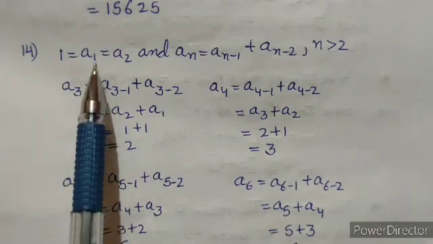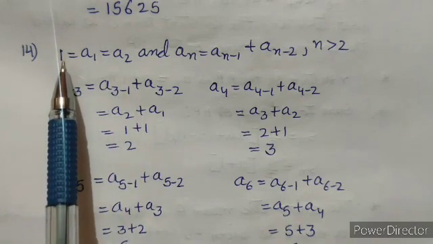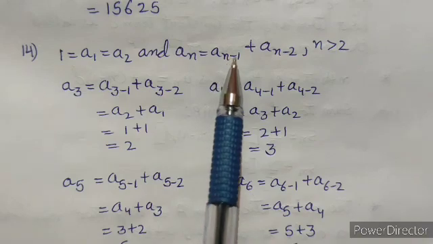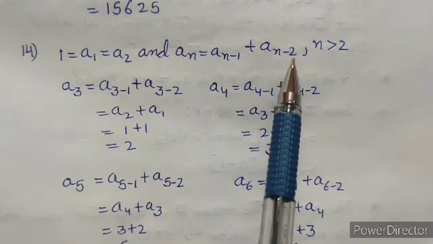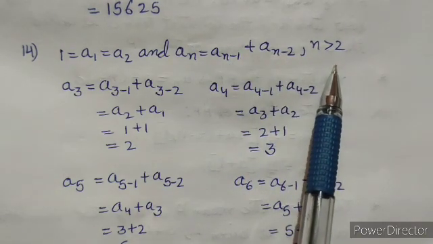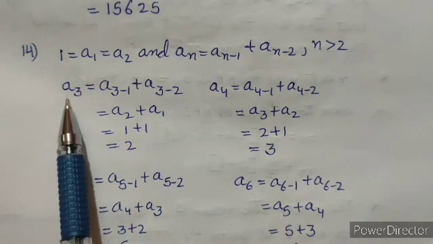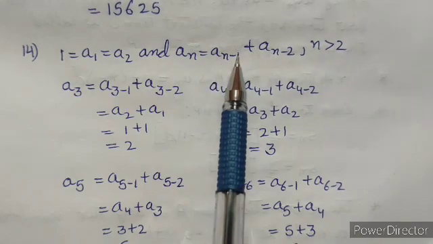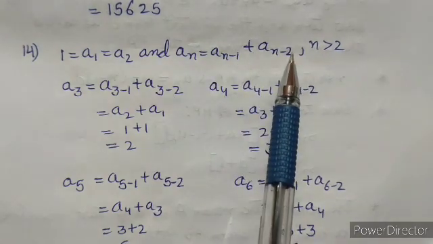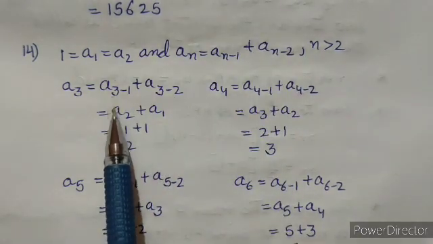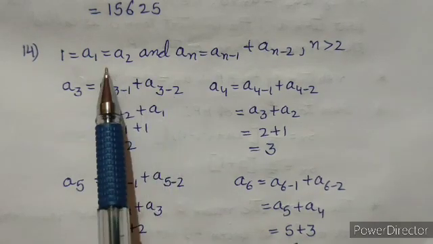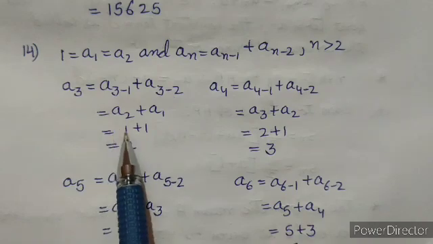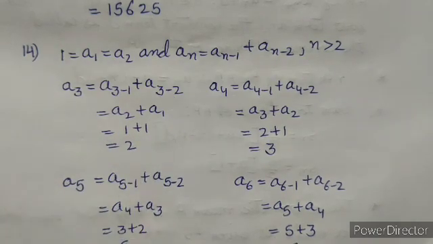Now here a1 is equal to a2, that is equal to 1, given to us, and an is equal to an minus 1 plus an minus 2, where n is greater than 2. Now the third term of the sequence, that is a3, will be equal to a3 minus 1 plus a3 minus 2. That will be equal to a2 plus a1. As we know that a1 and a2 are equal to 1, so that will be 1 plus 1, equal to 2.